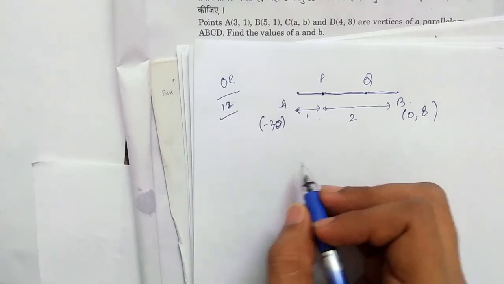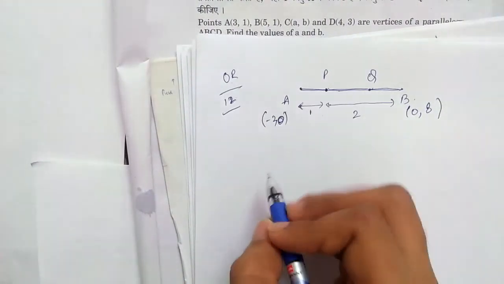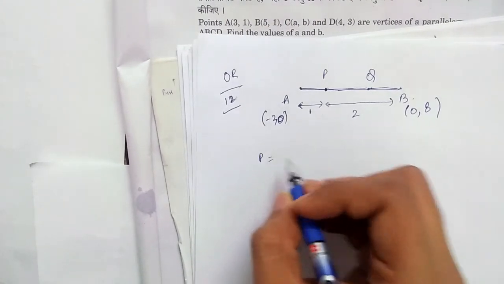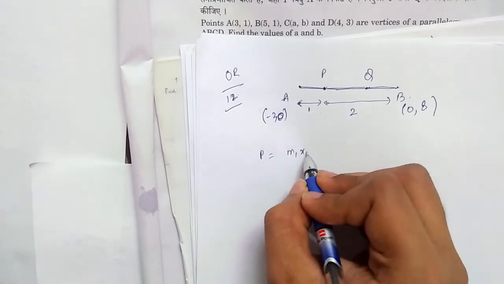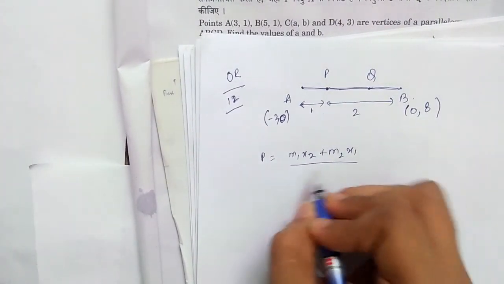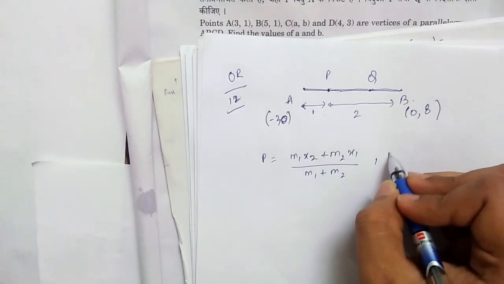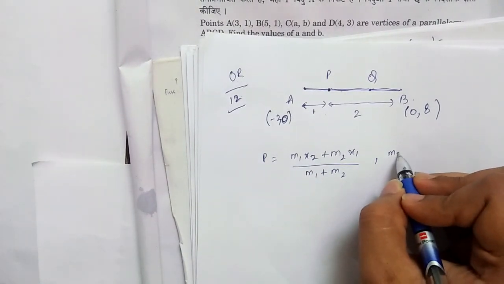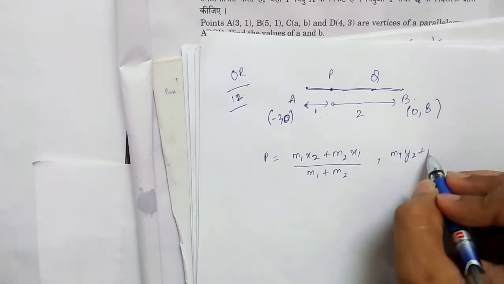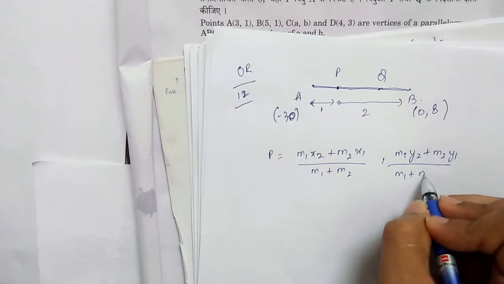So by the section formula, we can find the coordinate of P as (m1x2 plus m2x1) by (m1 plus m2), and for the y coordinate (m1y2 plus m2y1) by (m1 plus m2).